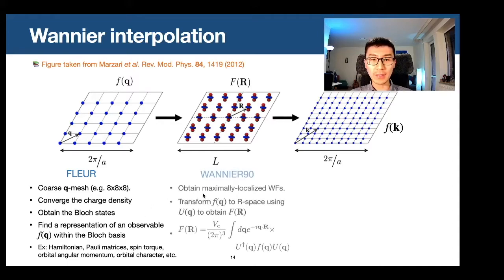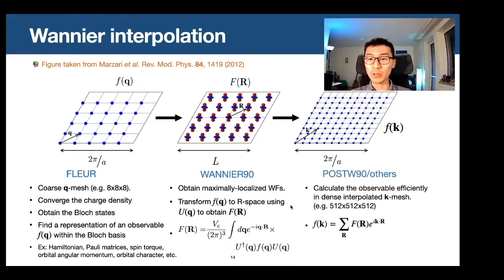Anyway, the second step is we obtain Wannier functions in real space, and we also get U(q) at the end of the calculation. So we can get an expression of this F(q) in R space, and in R space, the expression can be written in this way: simply a Fourier transformation with a gauge transformation matrix U. So once you have done this job, it's almost done.